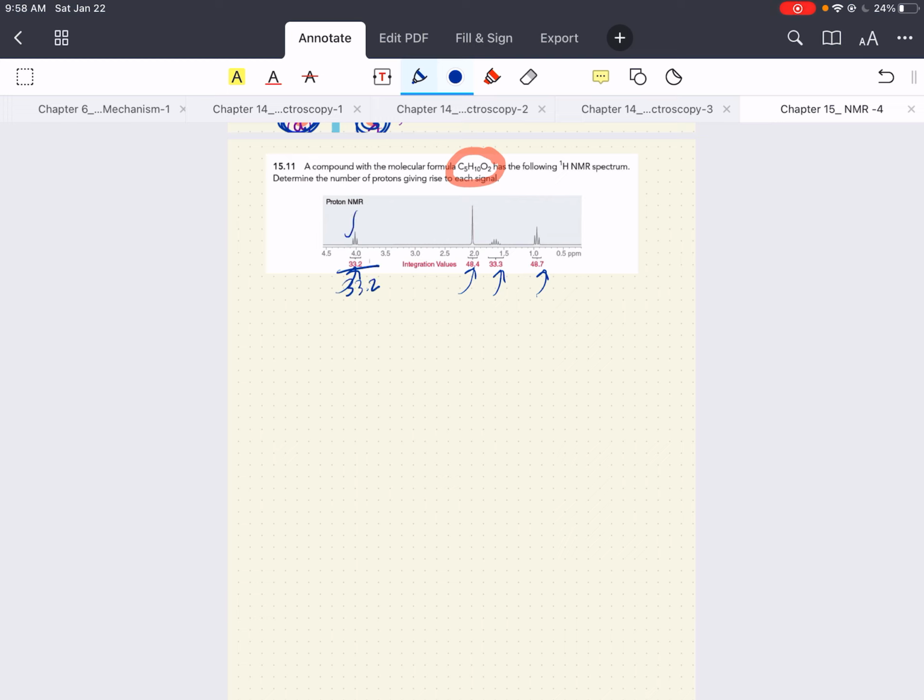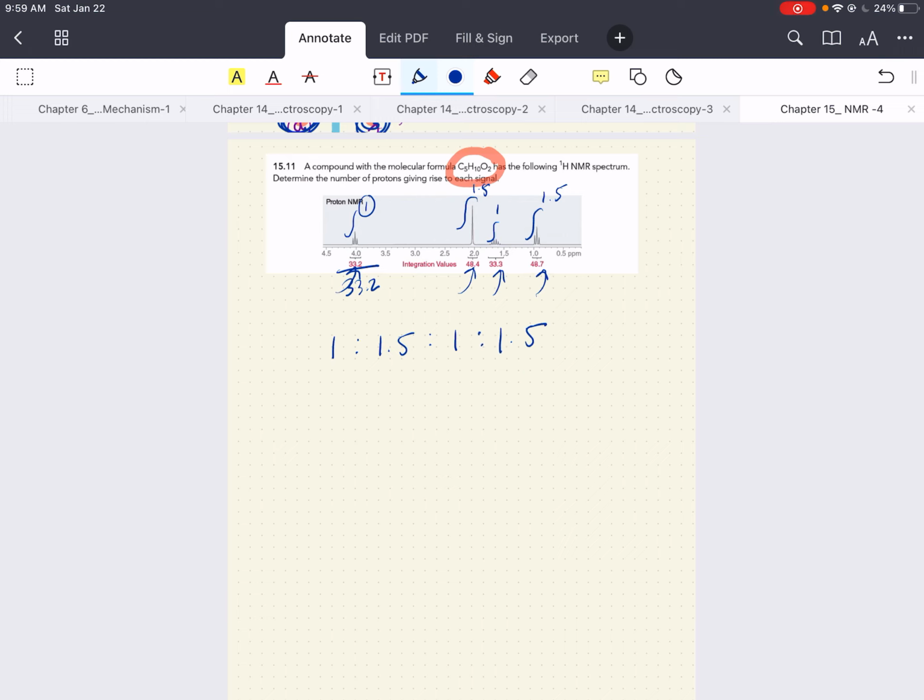All right, so this gives us integration of 1. If we divide this by 33.2, it's going to give us about 1.5. This is going to give us about 1, and this is going to give us about 1.5. So what we have in order here is 1, 1.5, 1, and 1.5. We have some decimal places here. We don't want those.